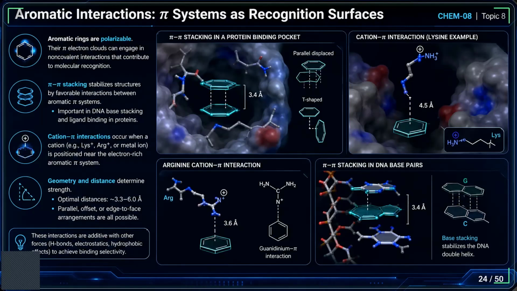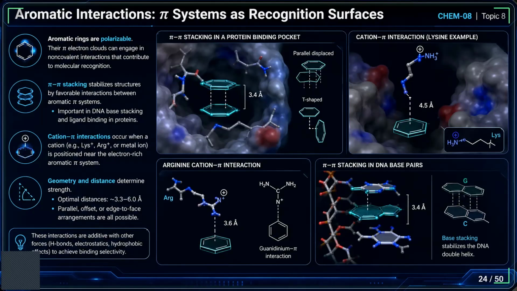Now, pi stacking is a very important thing because it stabilizes the structure. Oftentimes, pi stacking may occur with benzene or benzene-like derivatives, hence the cancer-causing effect in proteins and also in DNA.